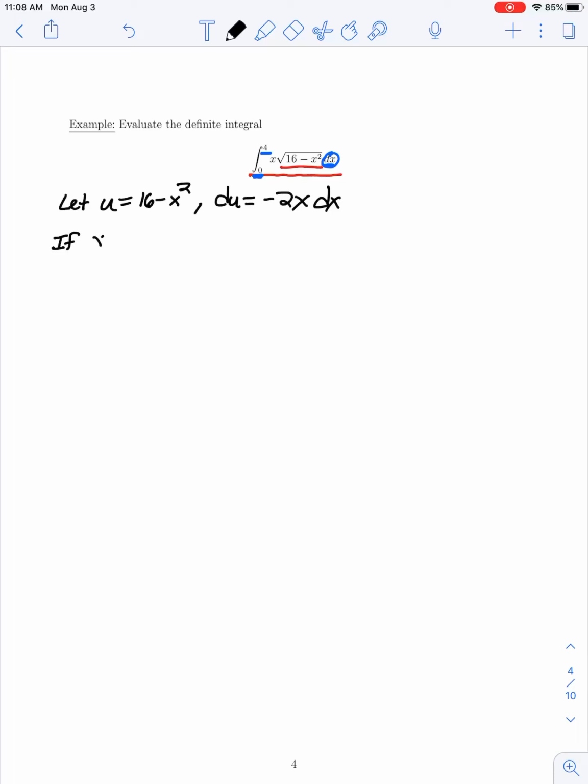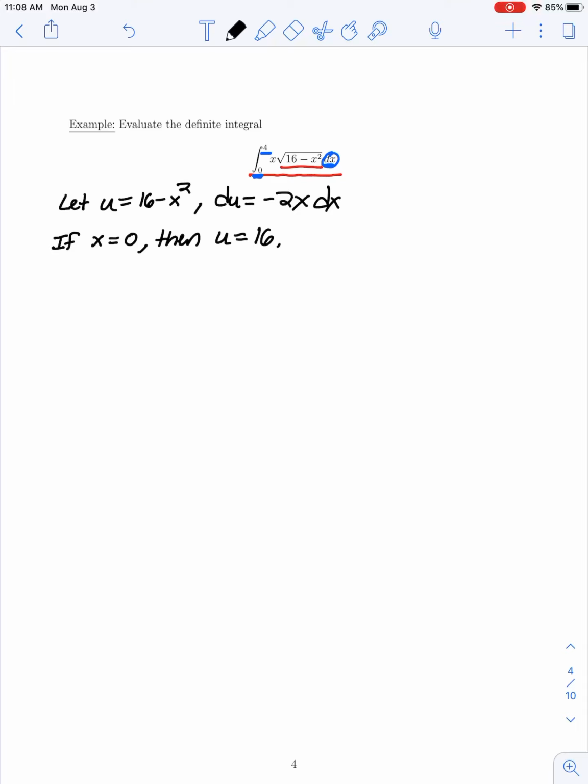So if the value of x is equal to 0, that was our lower limit of integration in the given integral, then we need to know what u is equal to. Now remember, u we set equal to 16 minus x squared. So if x is 0, then we just have 16.